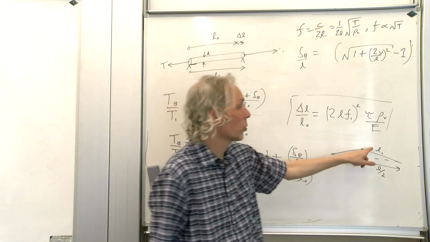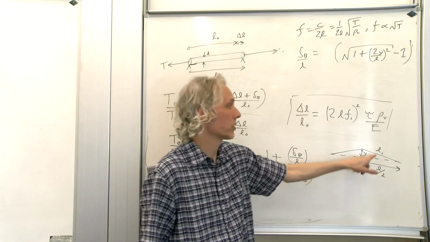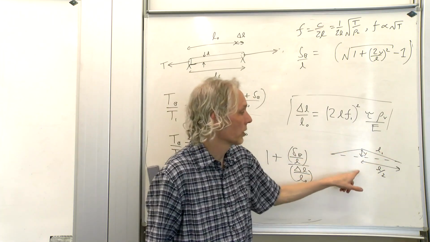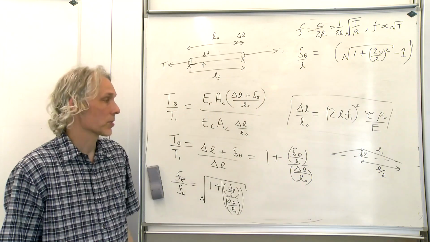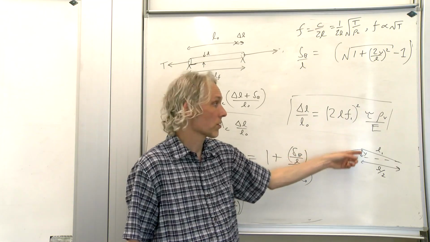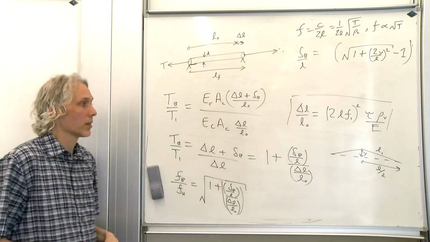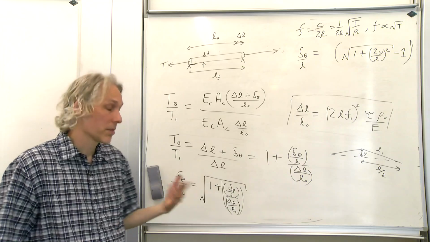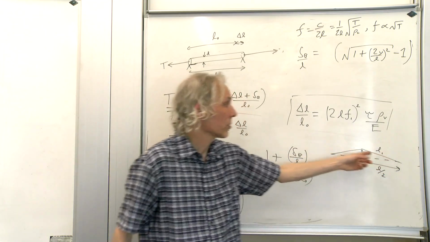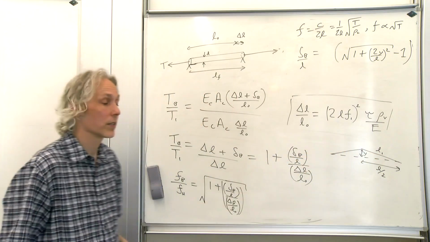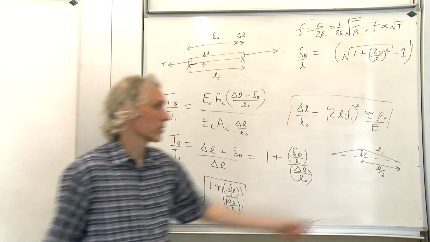The fact that L1 is slightly bigger than L over 2 is negligible because this is half of 649 millimeters, and we're just bending the string to the side by maybe up to 30 millimeters or something, but the actual change in length along the axis of the string is pretty small compared to this L over 2.